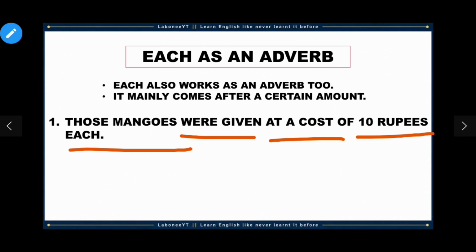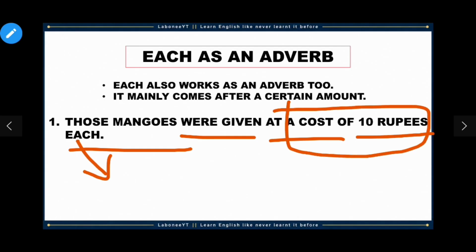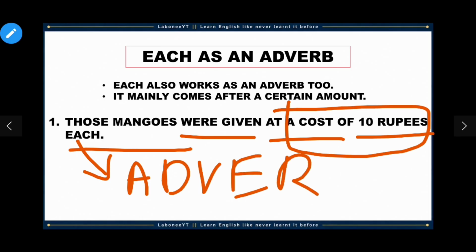So in this example, we have used each after a certain amount, that is a cost of 10 rupees. And that's why each is an adverb here. In this way, we can use each as an adverb after a certain amount or number, like this example, at a cost of 10 rupees each, those mangoes.